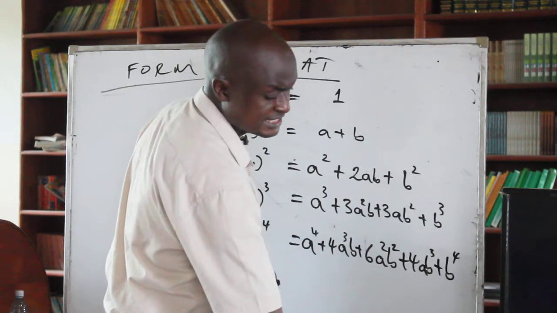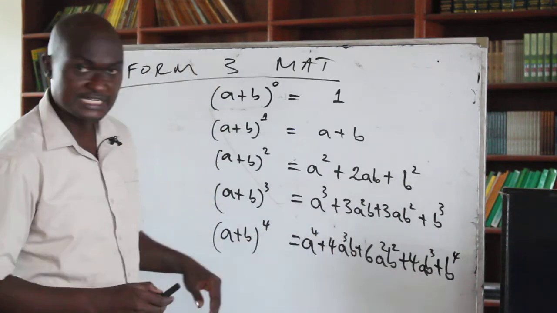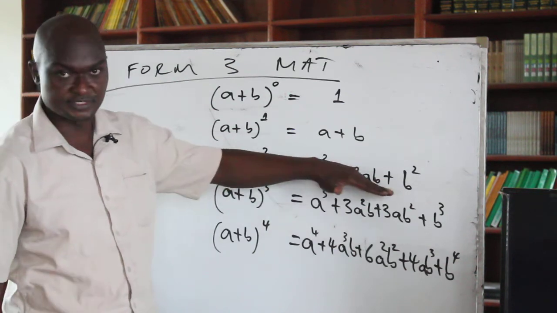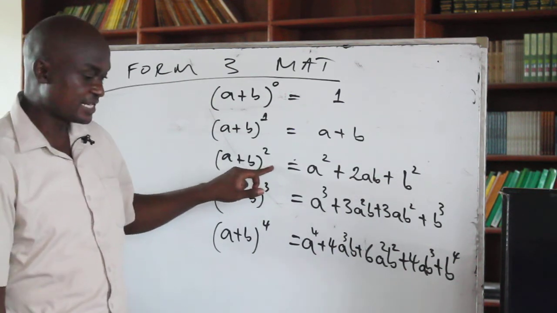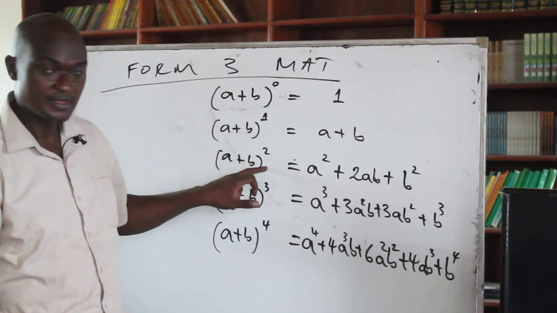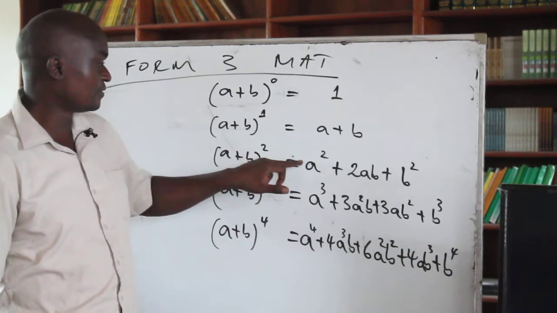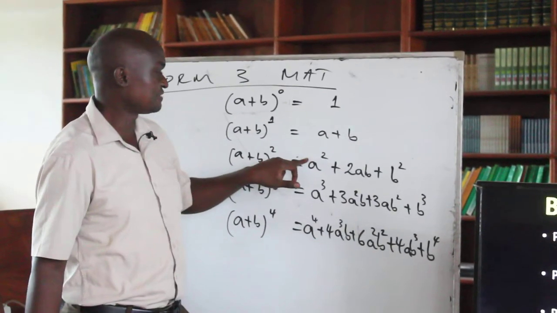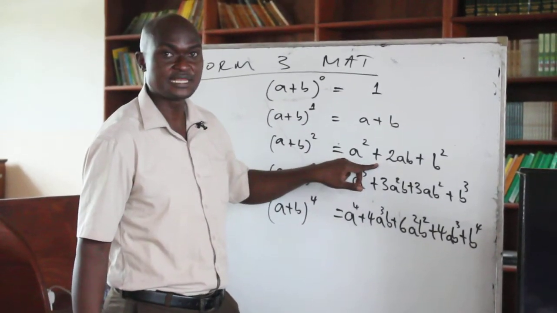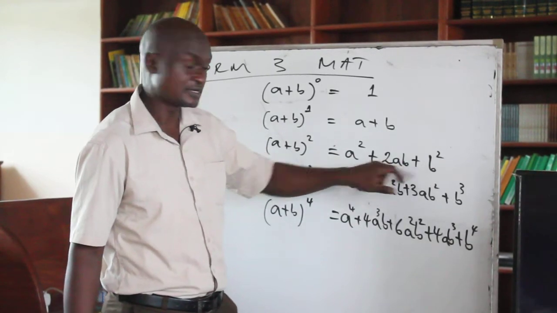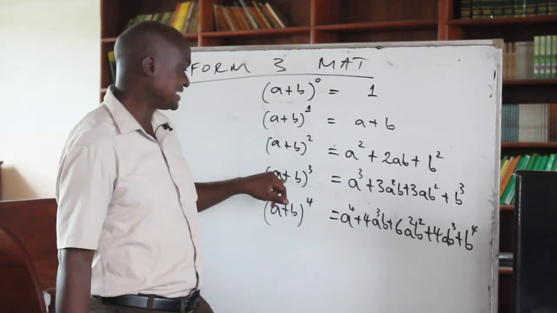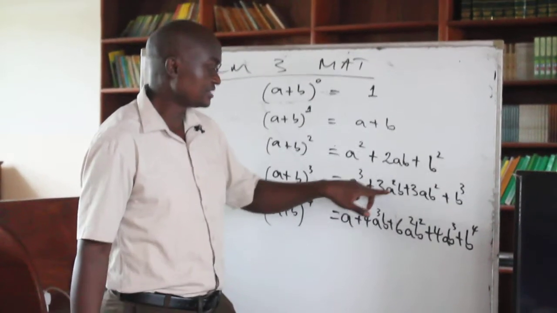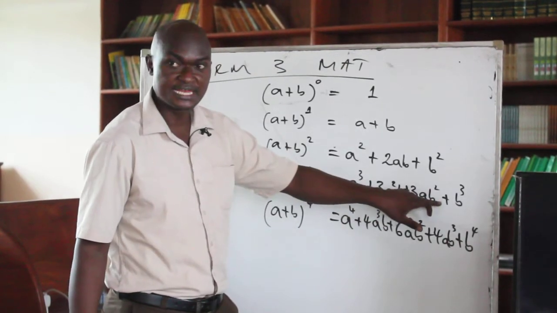We did mention also in our last lesson that when you are expanding these terms by a certain power, it's very clear from here. If this is positive, all the terms will be positive. But if this is negative, the first term will be positive, the second term will be negative, and the third will be positive. If you are raising it to power 3 and it is negative, the first term will be positive, the next will be negative, that will be positive, and that will be negative.